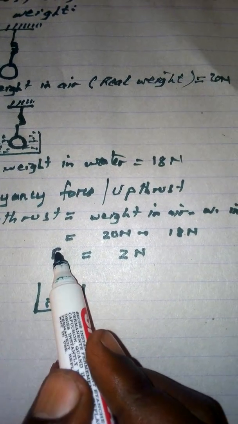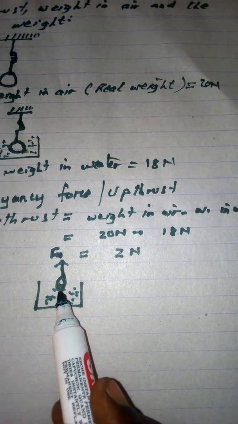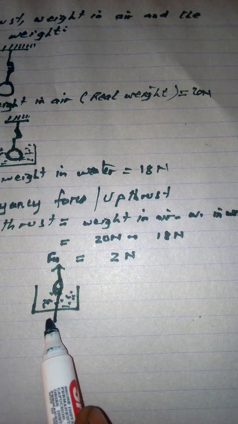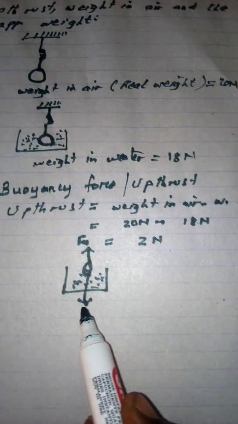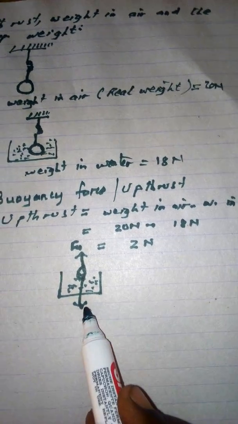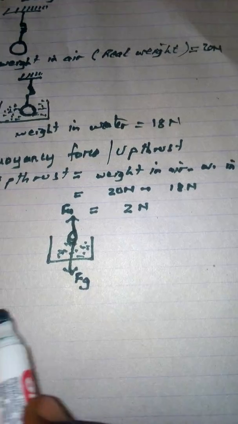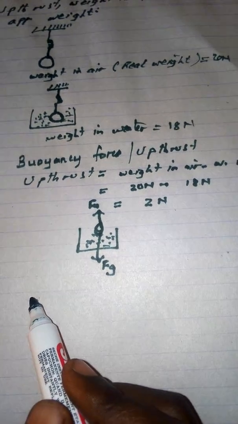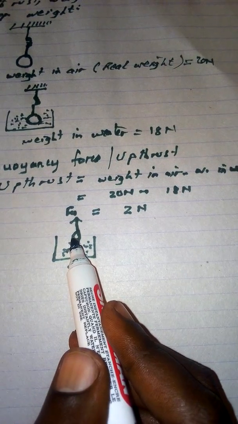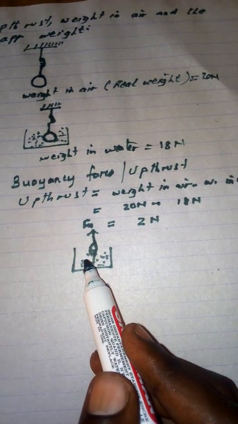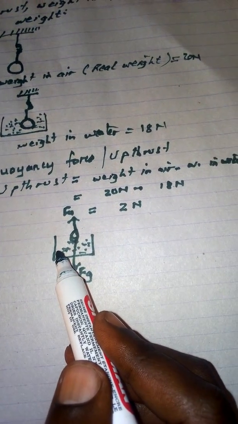This is called upthrust force or buoyancy force. But also there is another force which acts in the downward direction towards the center of the earth. This is gravitational force. So that's why when he puts this piece of stone inside the water, the weight tends to decrease.